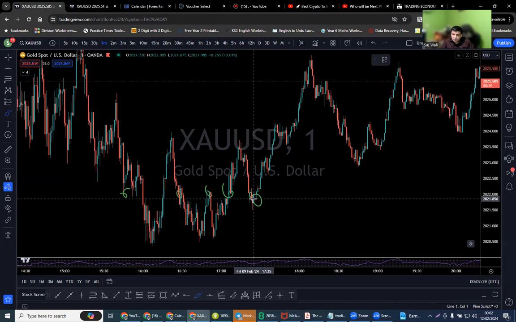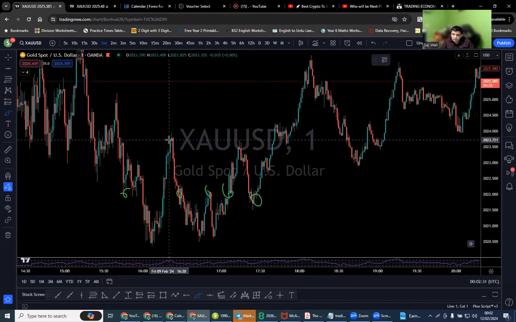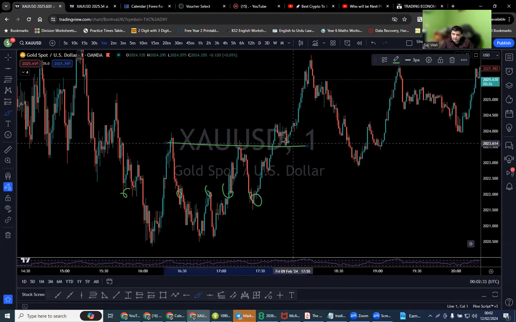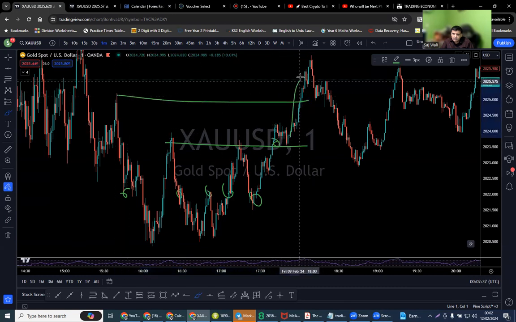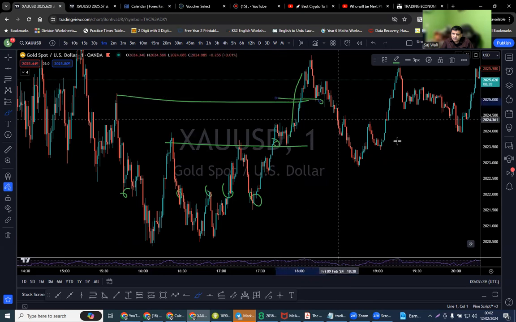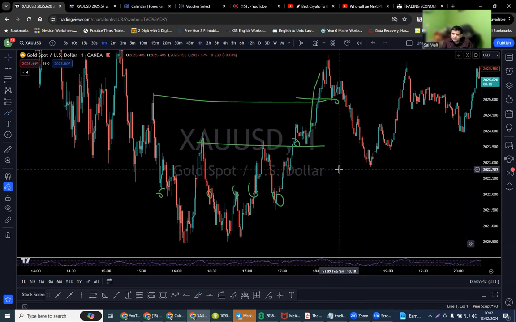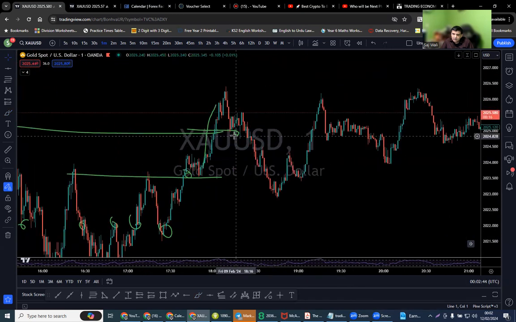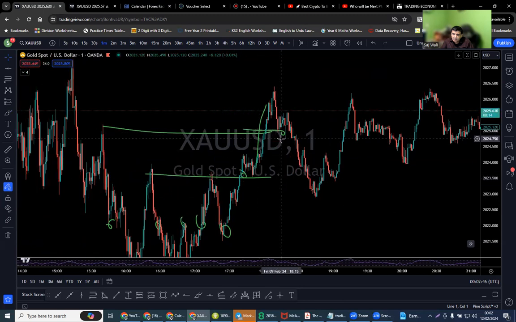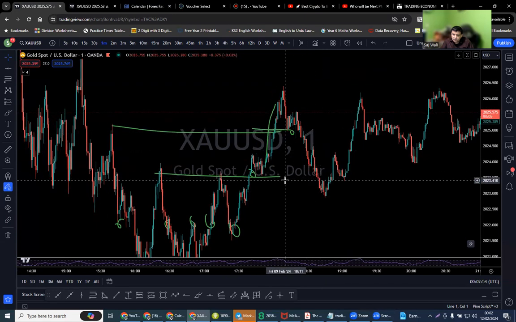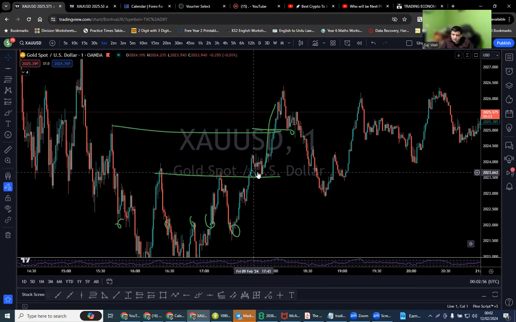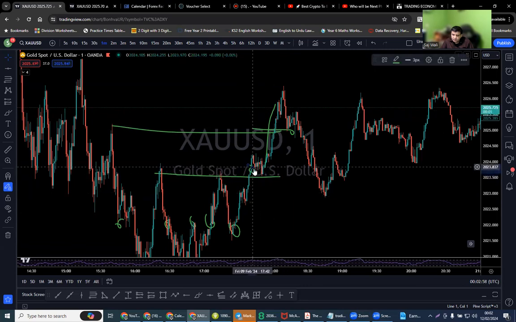And at this move, we should expect to break this level. And we did, and retested here. The next level was here, broke, retested this level, especially with this candle, and the market tried to go up, but failed. Now to the downside, and it was a level here.